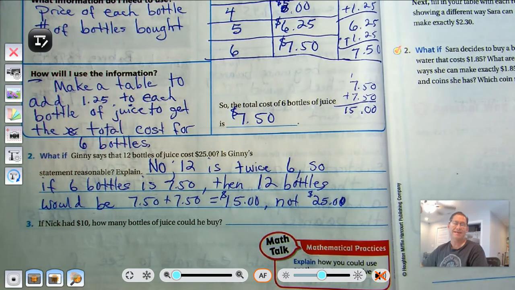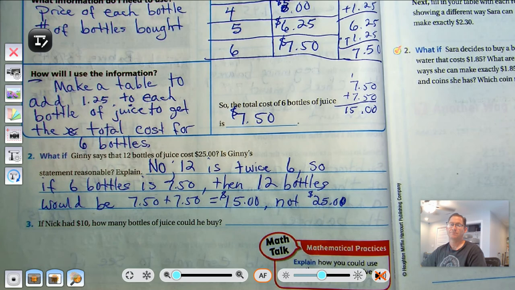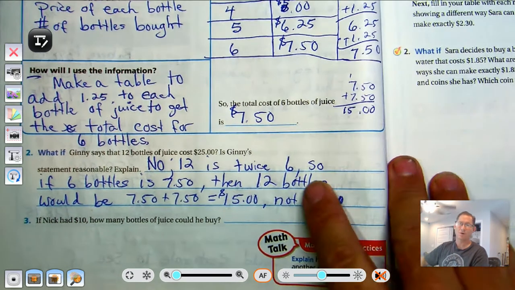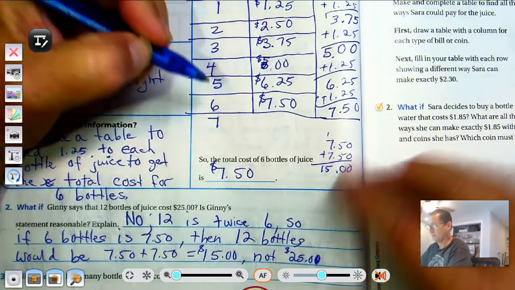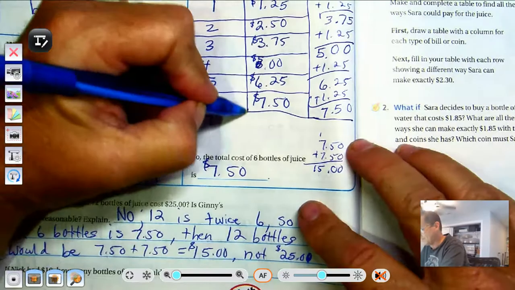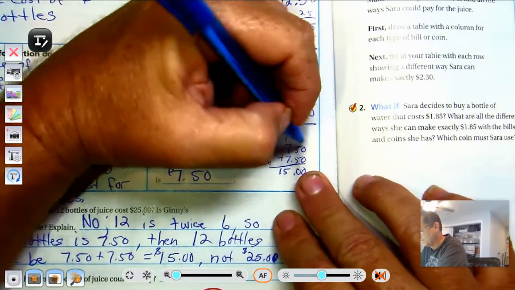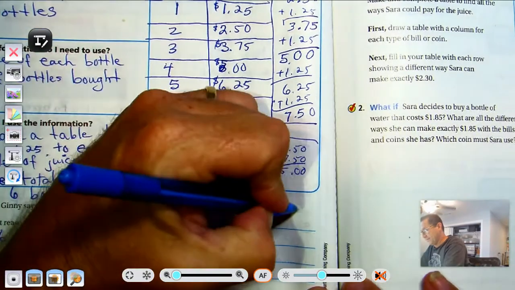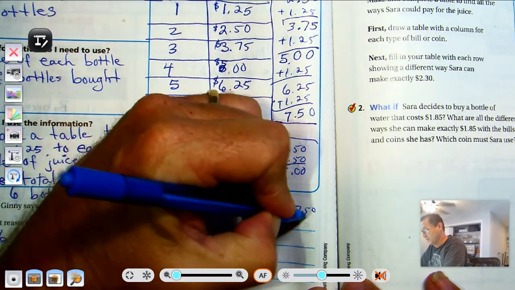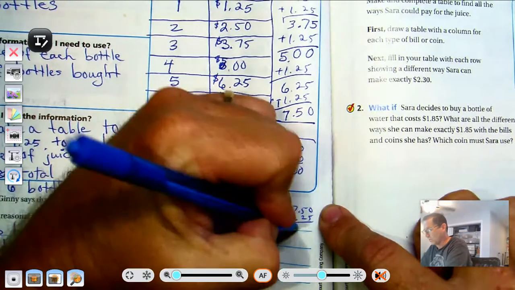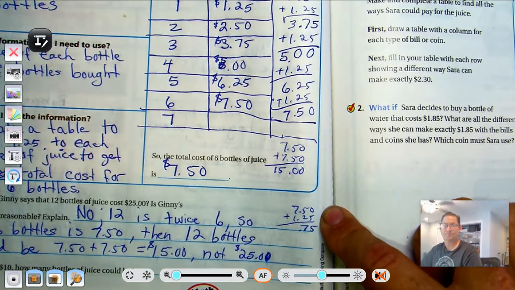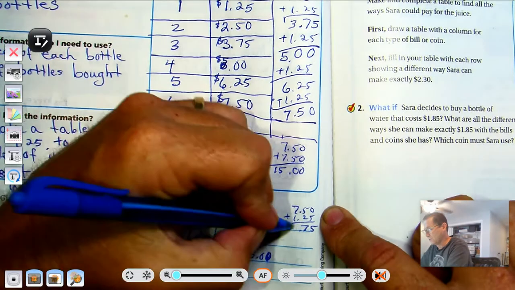All right, so if Nick had $10, how many bottles of juice could he buy? Well, could we continue our table? Yeah, let's add a 7th bottle because we haven't spent $10 yet. $7.50 plus $1.25. We know that 50 cents plus one more quarter would give me 75 cents. $7 plus $1 is 8.